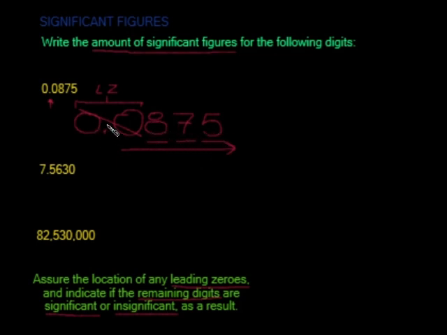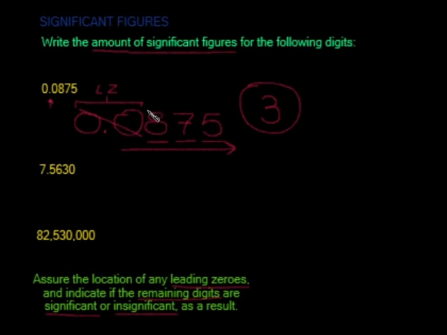So 0.0875, the first one, has 3 significant figures, since we're not counting those leading zeros. The 8, the 7, and the 5 are the significant figures, and the leading zeros are insignificant.